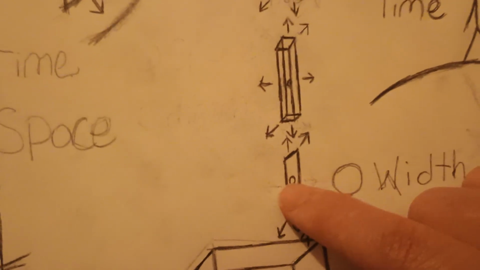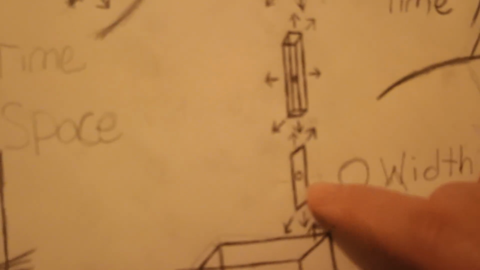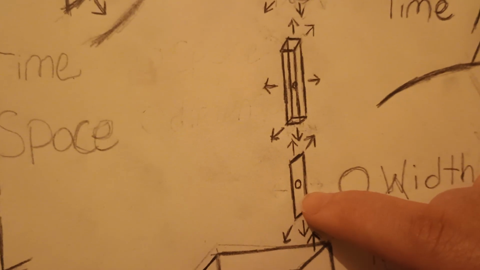Because light is traveling at the speed of light, space condenses around it.